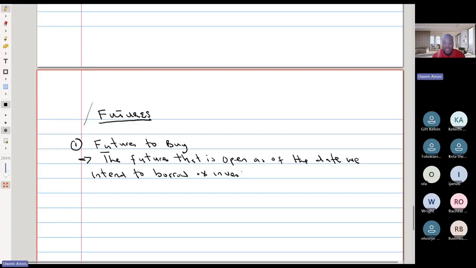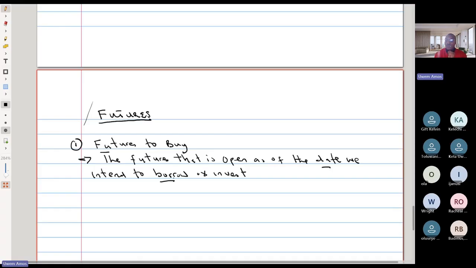So this is Mr. Big Heart. He wants to borrow. So first we need to determine what date he intends to borrow this money. Once we know the date he intends to borrow the money, we can then go to the futures market and see which of the futures is open on that date.